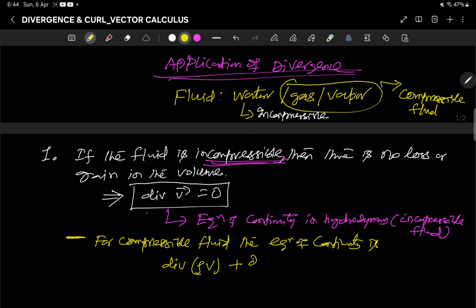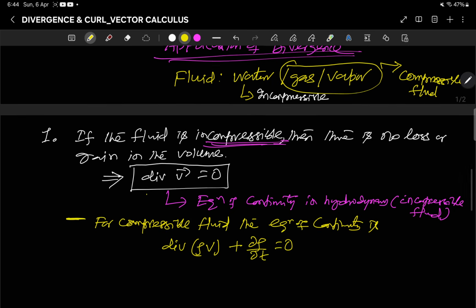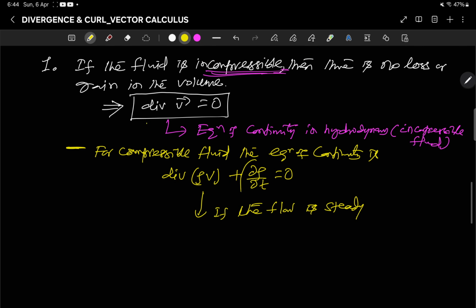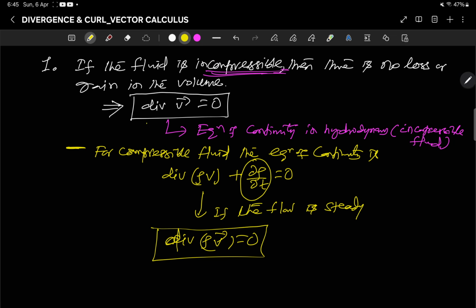Now if the flow is steady, independent of time, then this term will be 0. Here div(ρV) is equal to 0 for steady state.